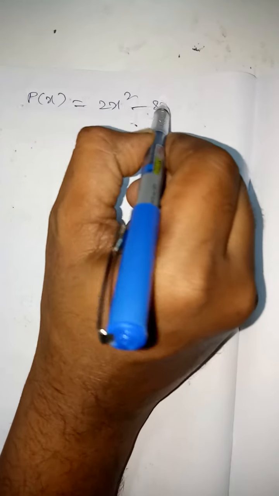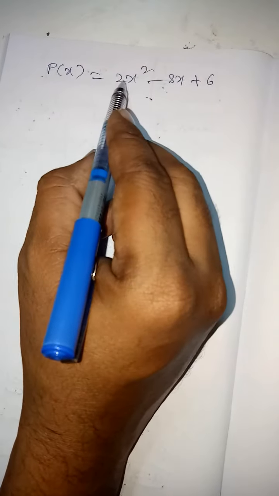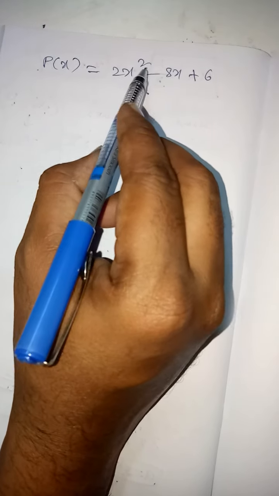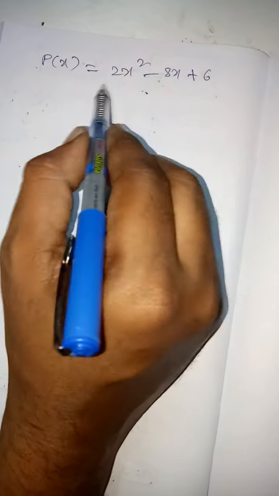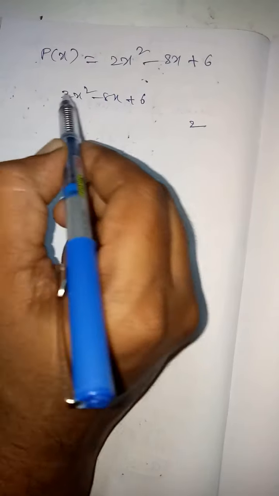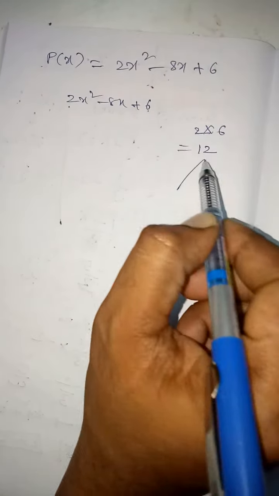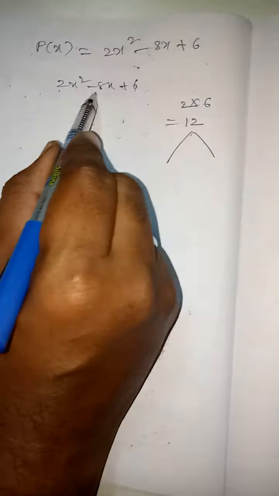Second example, let p of x is equal to 2x square minus 8x plus 6. Here first we need to find the factors by using the factorization method. 2x square minus 8x plus 6. Here the x square coefficient is 2 and the constant is 6. 6 twos are 12. What are the factors of 12 that give 8?